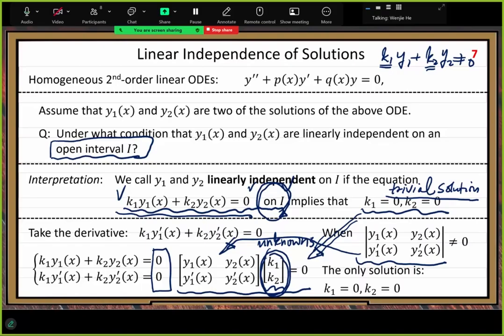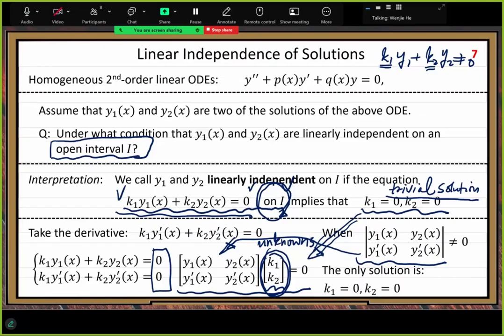If the determinant equals 0, then there is a non-trivial solution. That's the result from linear algebra.